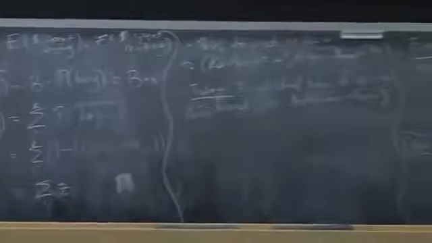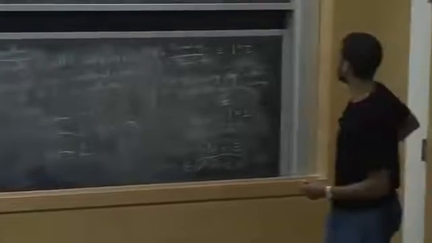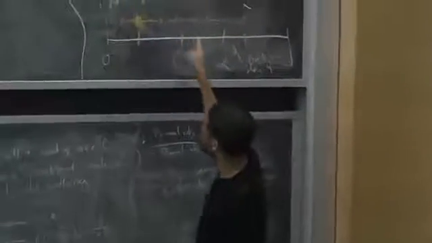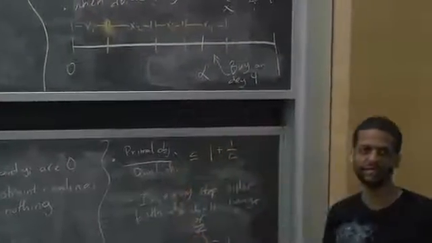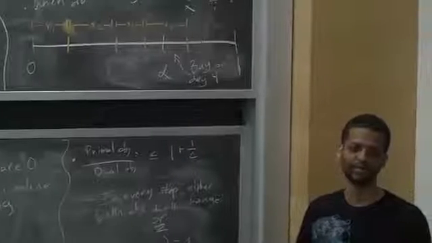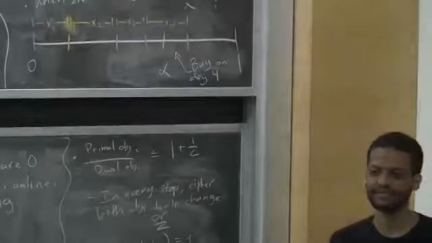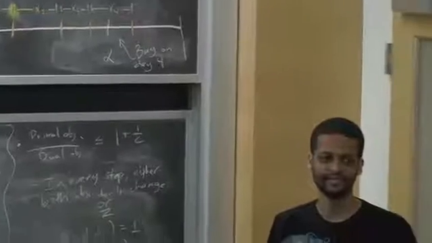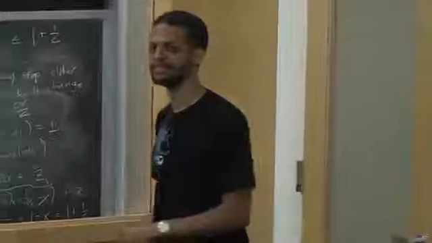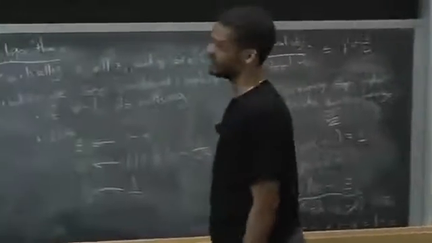Because the way we update x, I mean, the way that these xi's are deterministically defined. So once we pick alpha in the beginning, we know when we're going to buy. That's right. Any other questions?